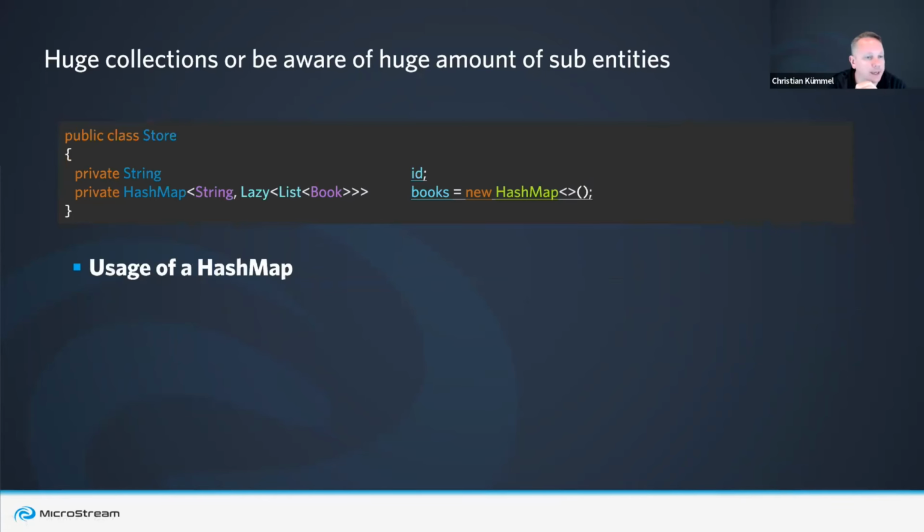We use a hash map with some strings as an identifier, and then we have a lazy list of books. That looks definitely better, I would say, because that enables us to create a proper key, for example.